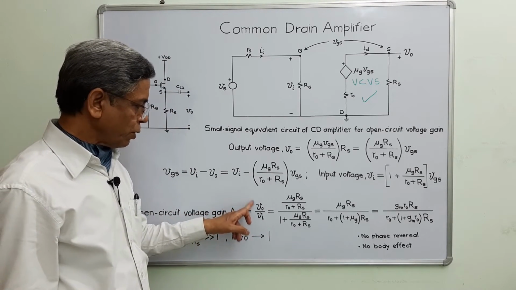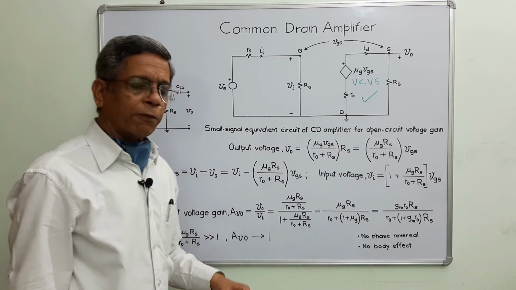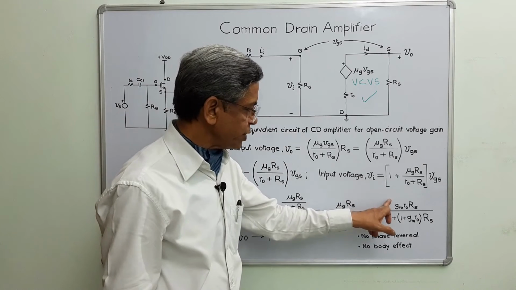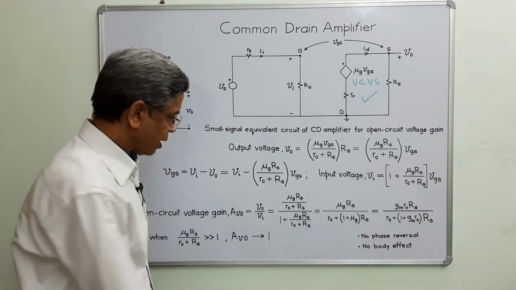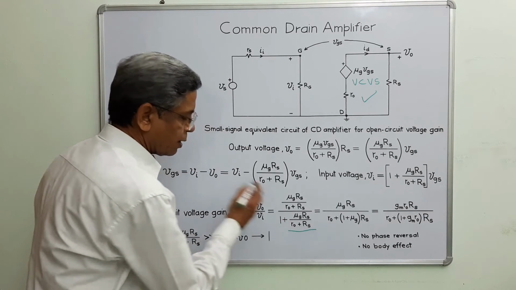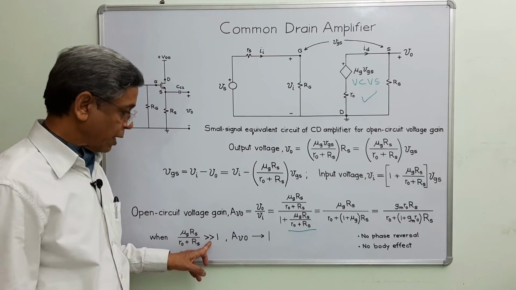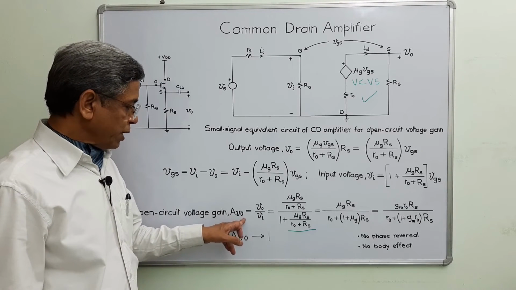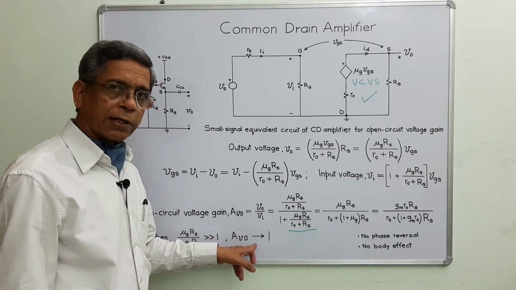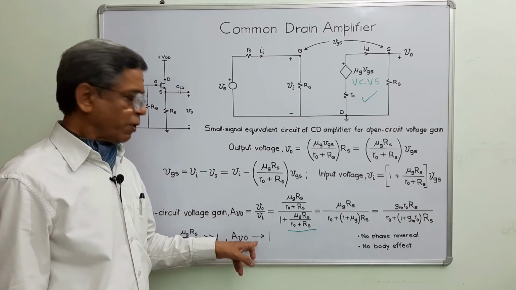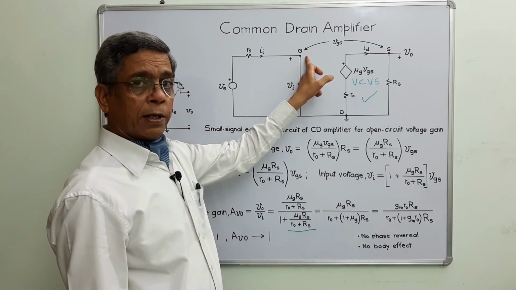The ratio of output to input voltage is, in successive forms, this, and mu G is Gm R0. Now considering this expression and this factor, if this factor is more than 1, then open circuit voltage gain approaches 1, that means unity voltage gain. This is the main characteristic of source follower, where source is following the potential of gate.